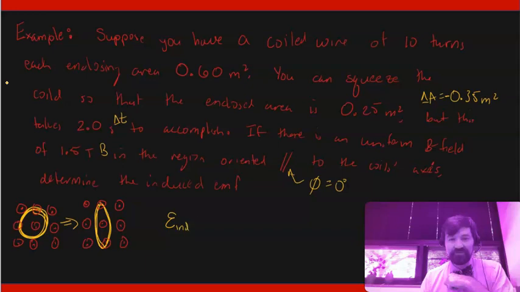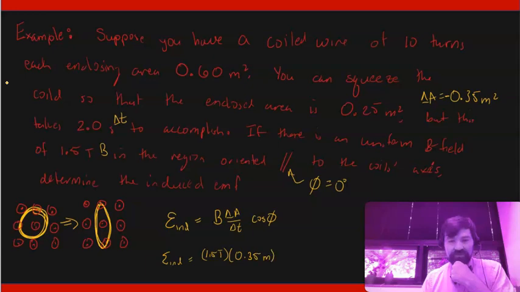So the induced EMF is B delta A over delta T cosine phi. And so that ends up looking like 1.5 Tesla times 0.35 square meters. And we actually don't care about the sign in this case. That'll be for a different lecture. Divided by 2 seconds times cosine 0 degrees.